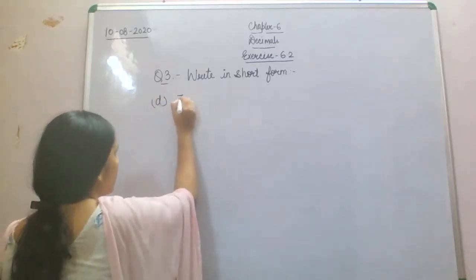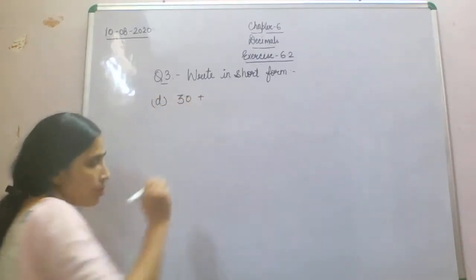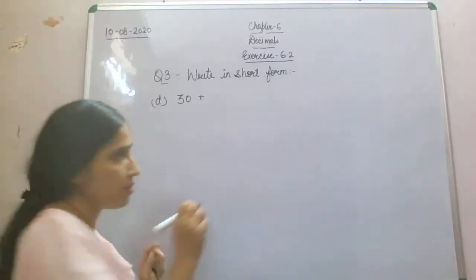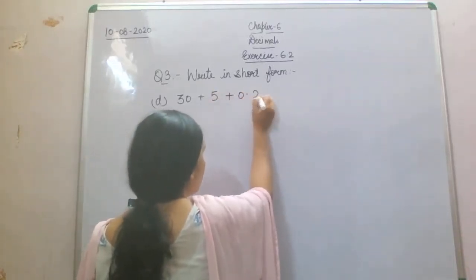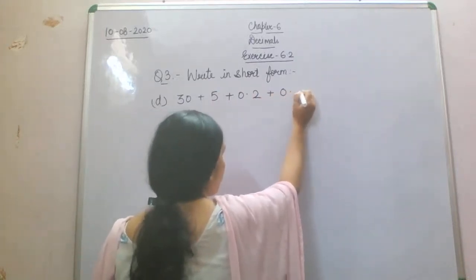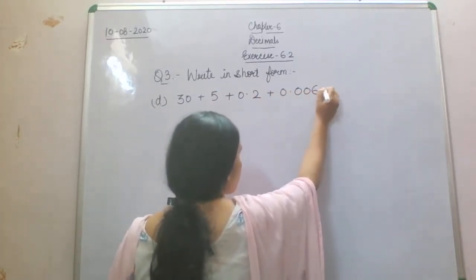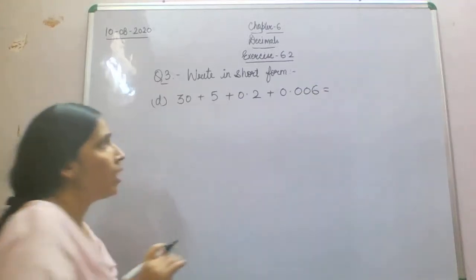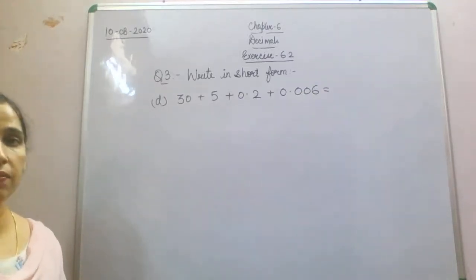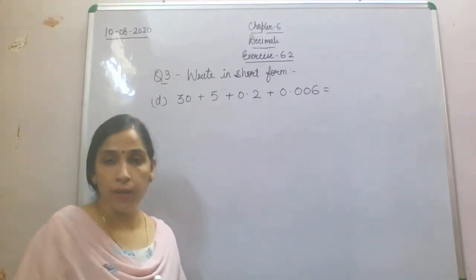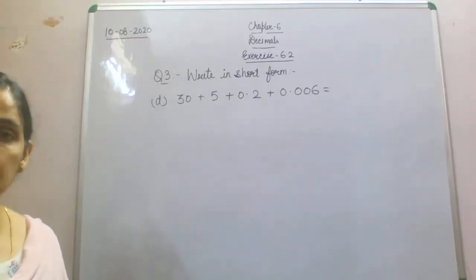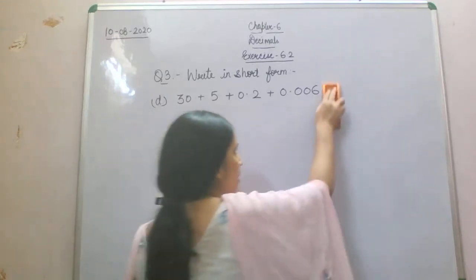D part is 30 plus 5 plus 0.2 plus 0.006. This will be given to you. Now in this question you can see we have two whole number parts which we don't require to change, or we don't require to do anything with that.